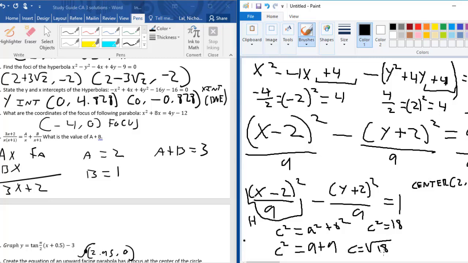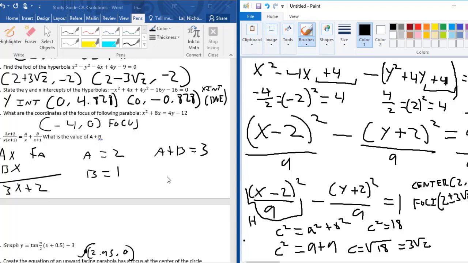And the square root of 18 is 9 times 2, so it simplifies to 3 root 2. Now, because this is a horizontal hyperbola, the foci are going to be adjusting the x-coordinate of the center. So our foci will be 2 plus or minus c, which is 3 root 2, comma, negative 2.